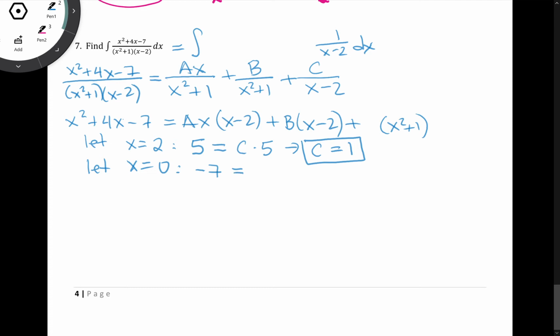On the right-hand side, I get a times 0 plus b times negative 2. And then plus x squared minus 1. X is equal to 0, so plus 1. So it looks like negative 8 is equal to negative 2b, which means b is equal to positive 4.